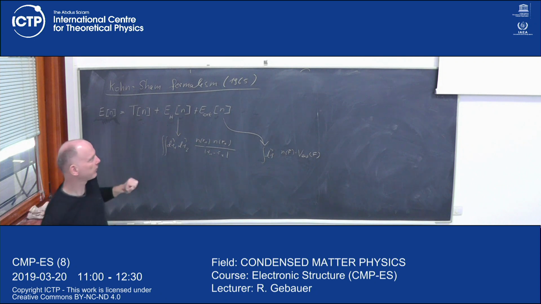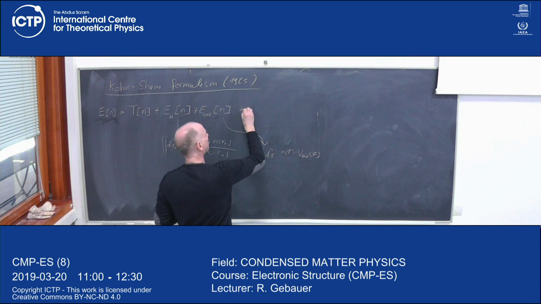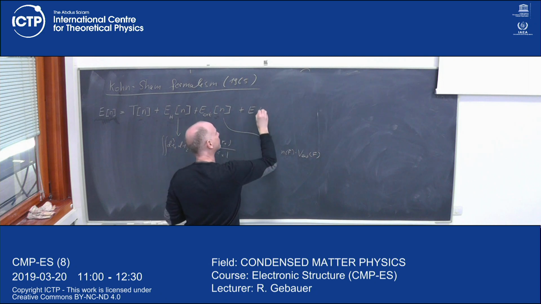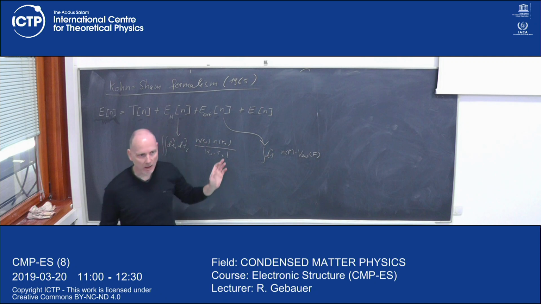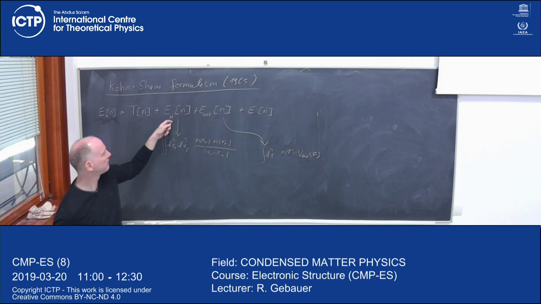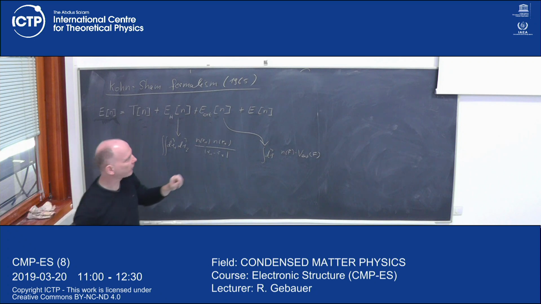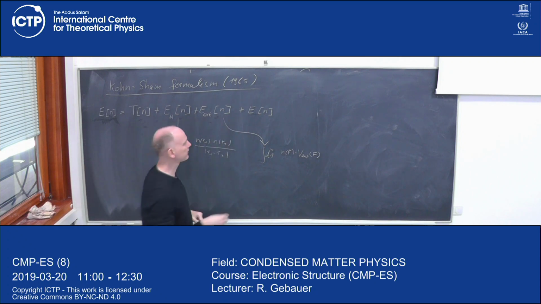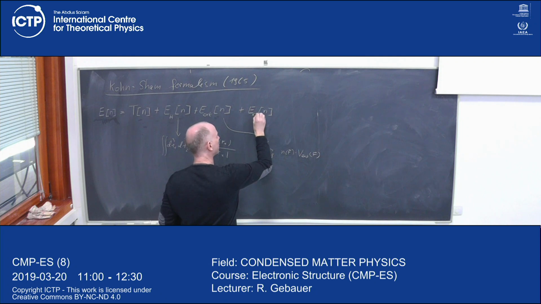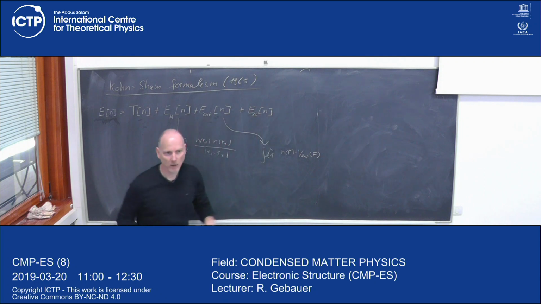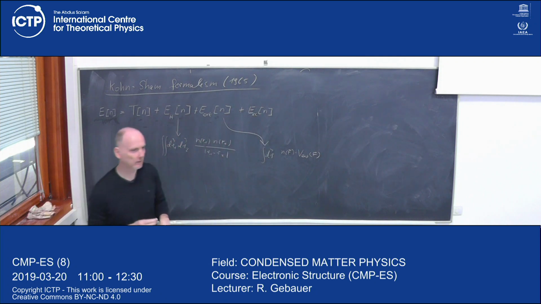Okay? And this what is missing, let us just write it down as another functional of the density. We know that it must be a function of the density, and it is everything which is missing in these parts. And since one thinks about Hartree Fock, what is missing precisely is exchange energy and correlation energy. Okay? So this term here is in density function theory.